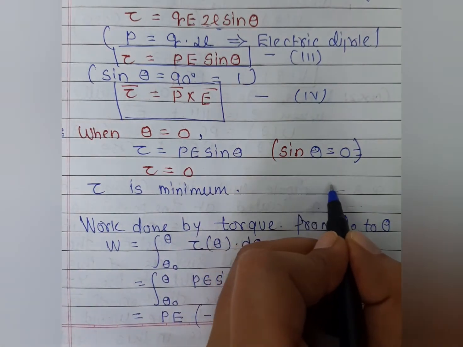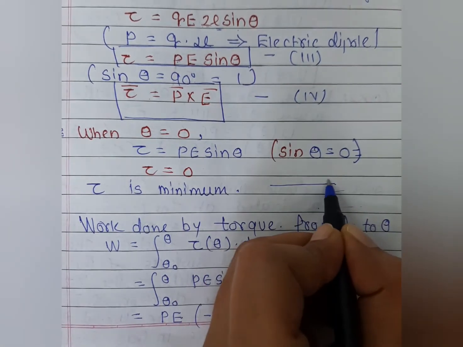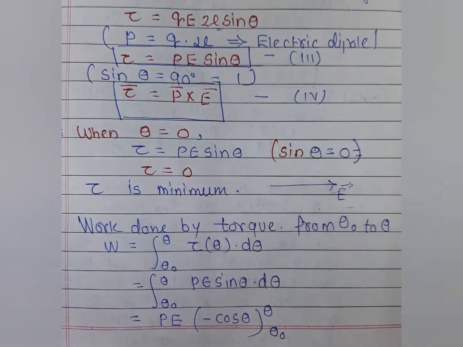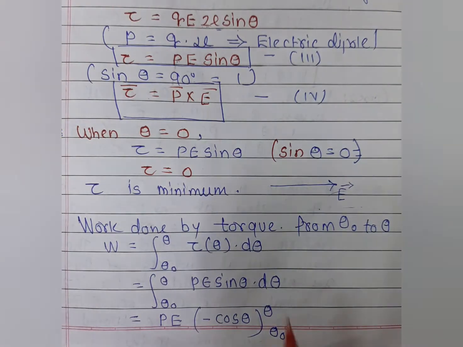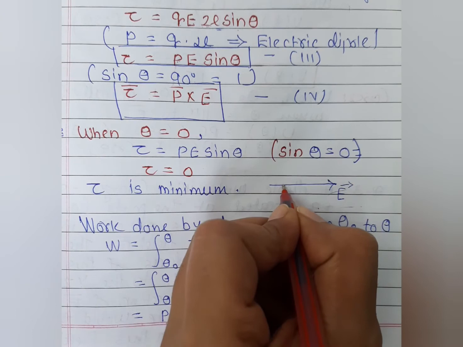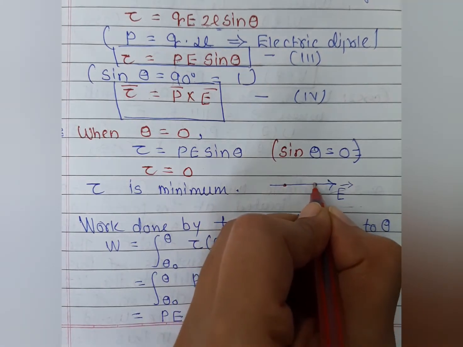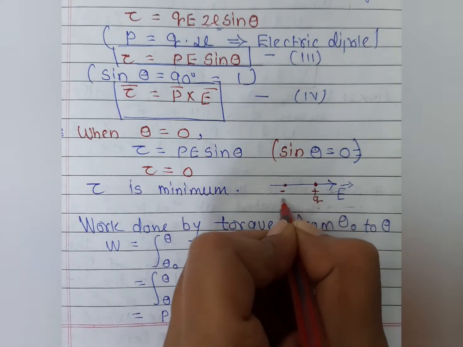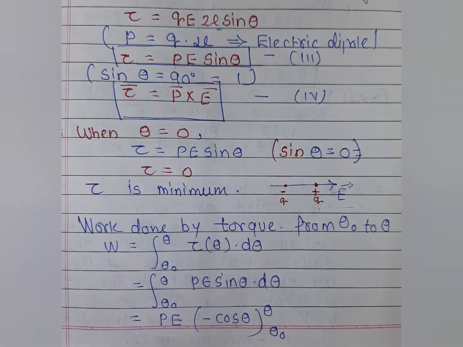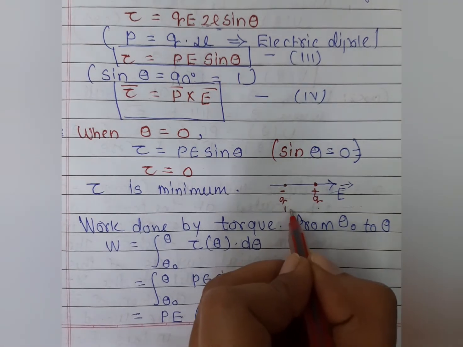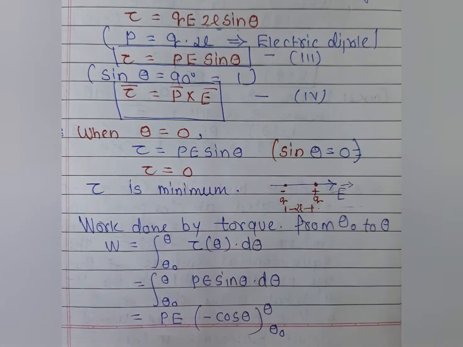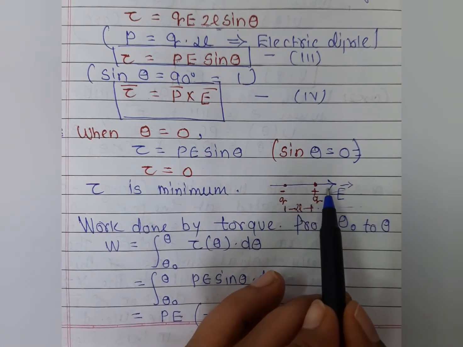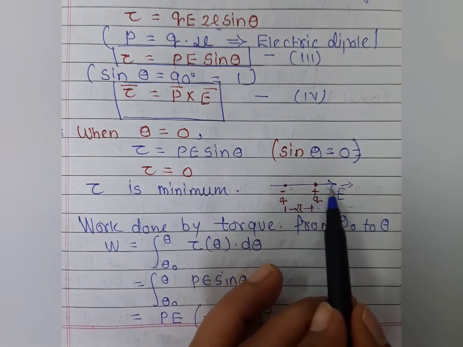In this condition, we consider an electric field E, and in it is placed a dipole, that is two charges, minus and plus, and the distance between these two charges is 2L. Both are along the same direction.